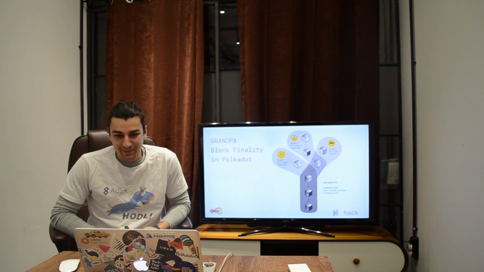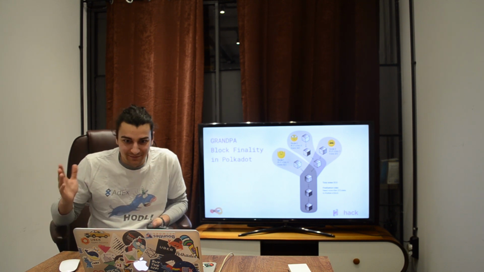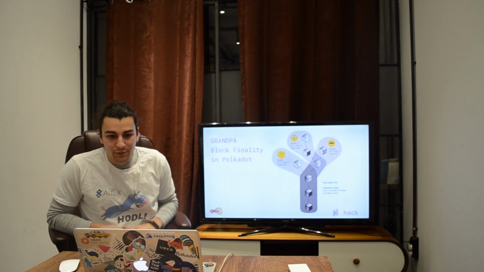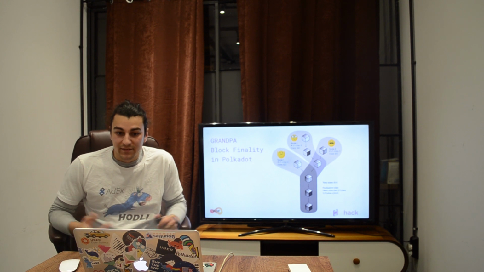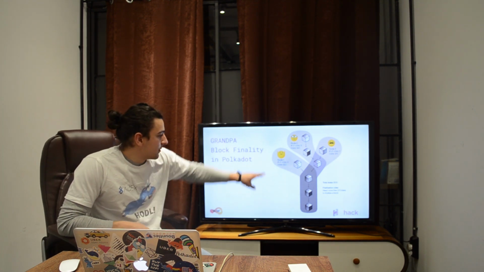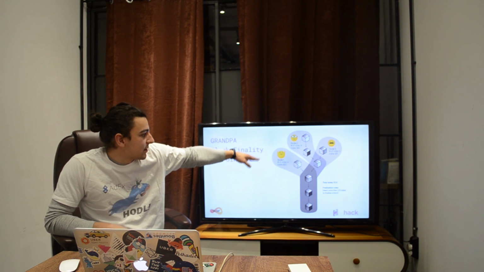Yep. And explained in 1 or 2 sentences: Grandpa figures out via these voters if there is more than 2/3 of nodes claiming something is valid, like the highest block, takes the highest block that everyone agrees on and finalizes it.